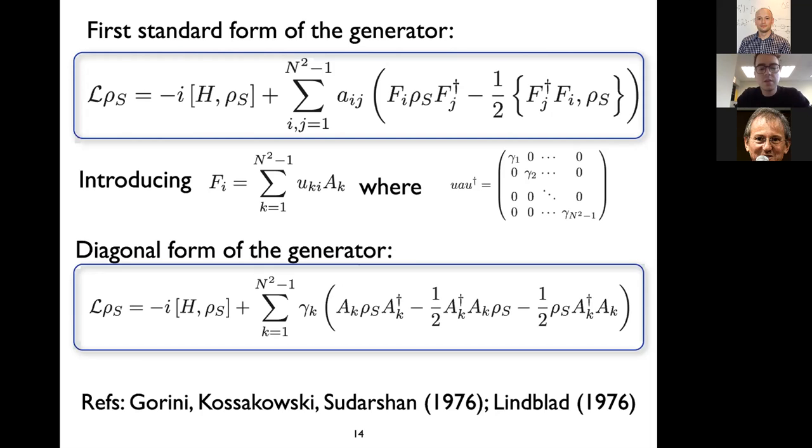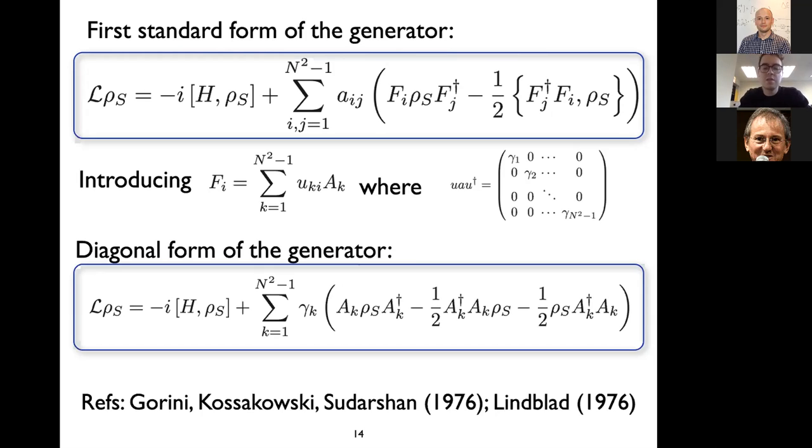The proof that the most general form of the generator of a dynamical semigroup can be written in this form was first given by Gorini, Kossakowski, and Sudarshan in 1976, and shortly thereafter it was also shown by Lindblad.